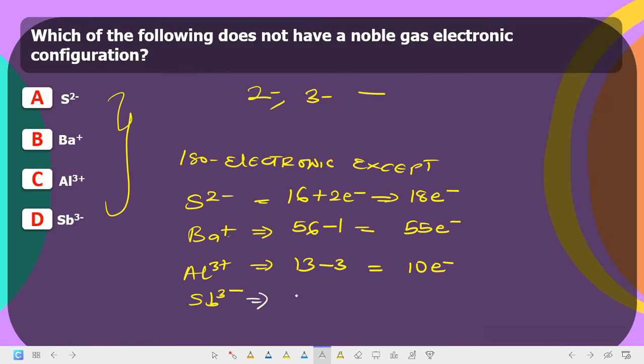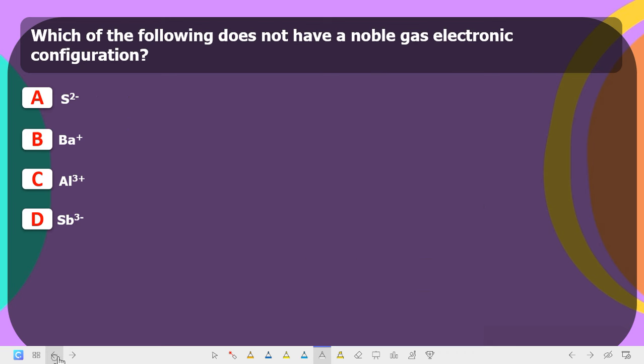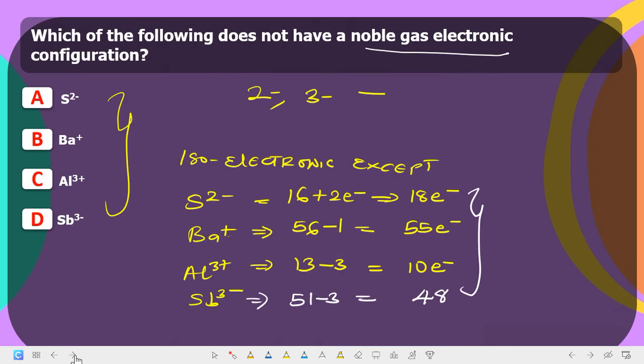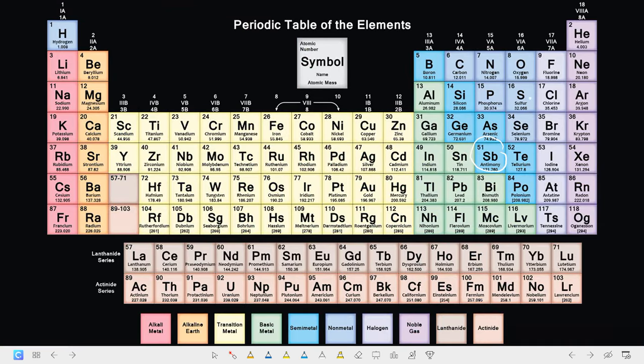What we are going to do, we have 51 minus 3, and this will give us 48. Now, let's see all of them here, the one that will have a noble gas configuration. Now, 18 has a noble gas configuration, which is the configuration of what? Argon. Let's check it. 18 is argon, okay?